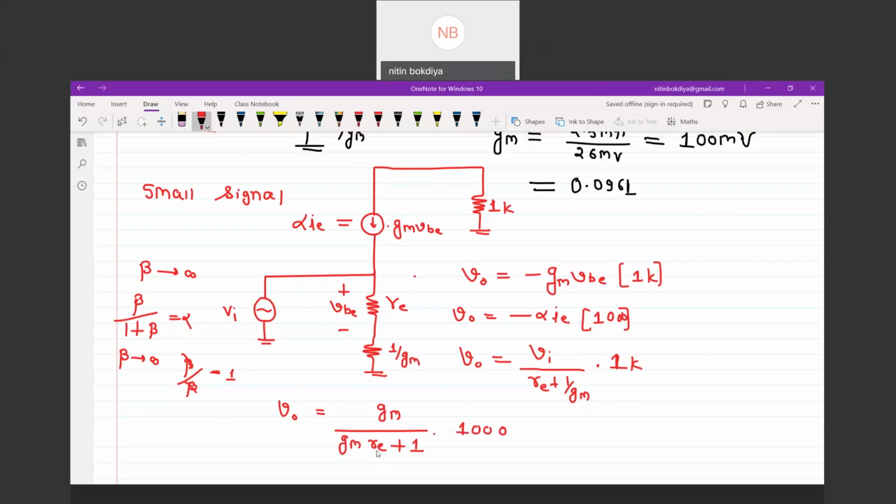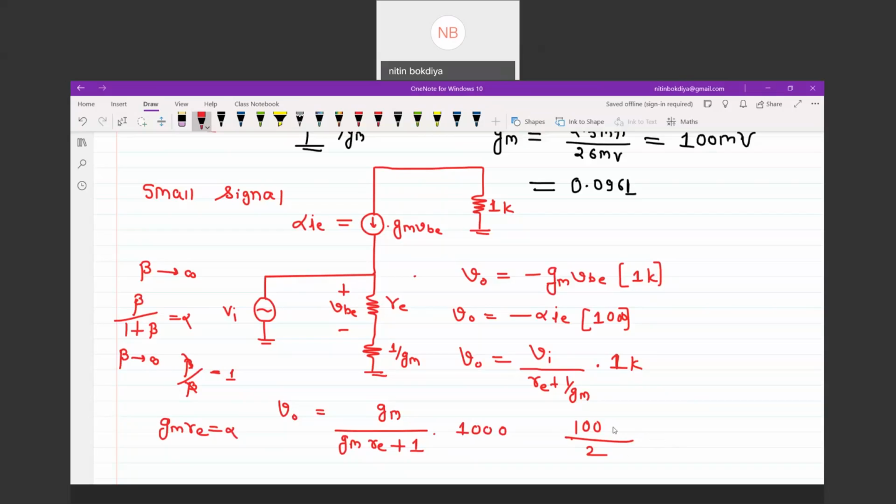Now GM into RE is equivalent to alpha. So 1 plus 1 is 2, and GM is 100, so this is 100 divided by 2. So you can say the gain is equivalent to 50.